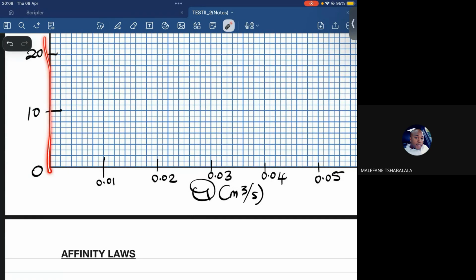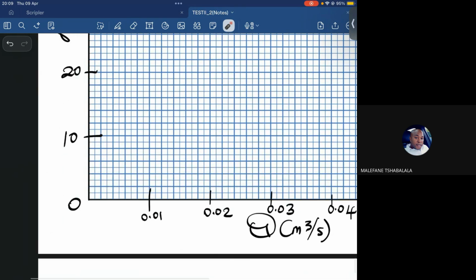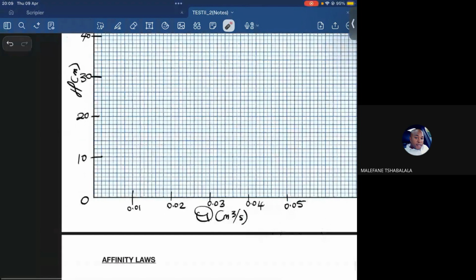And then vertically, you can see we're using an equidistant scale of 10, and we've got 5 minor horizontal grid lines between 0 and 10. So we can use an equidistant scale of 2. We'll have 0, then 2, 4, 6, 8, then 10, and then 12, 14, 16, 18, then 20. Just like that.